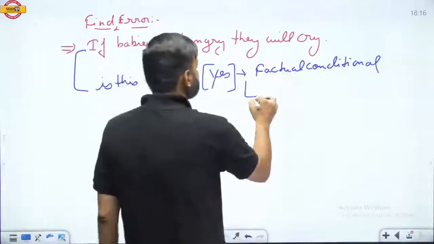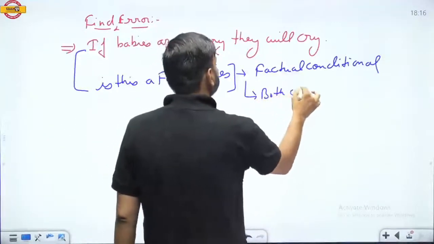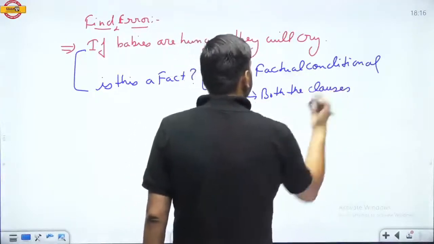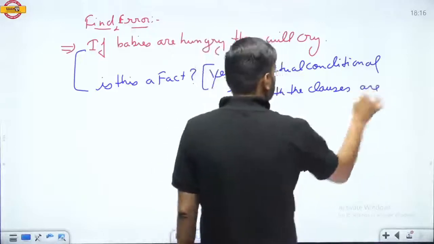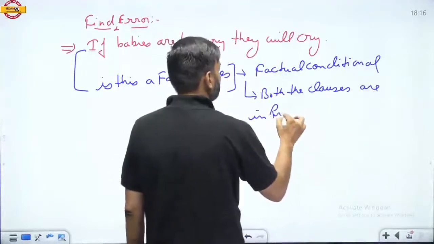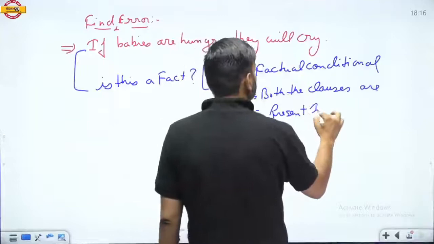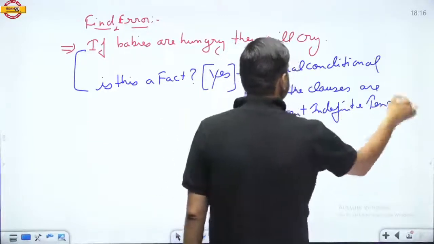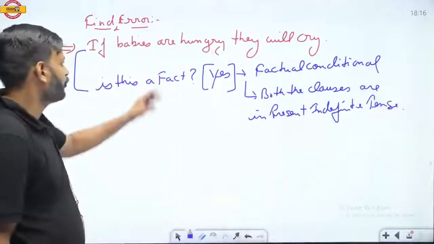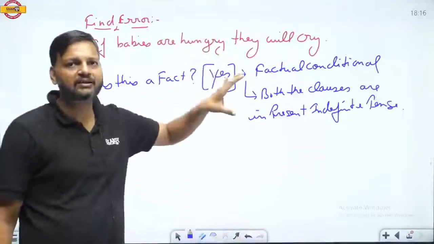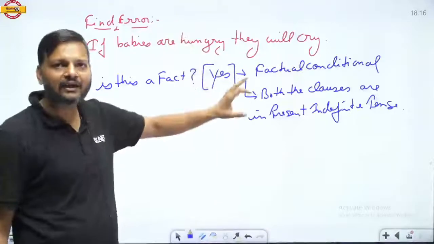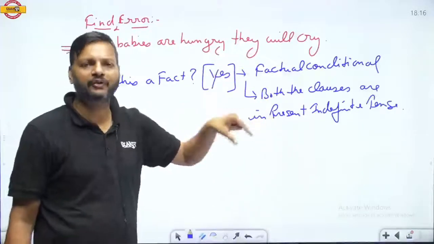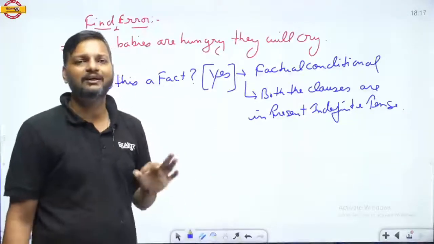And in a factual conditional, both the clauses are in present indefinite tense. So this sentence refers to a fact, and since it is a fact, it should be a factual conditional, and both the clauses of a conditional sentence must be in present indefinite tense.